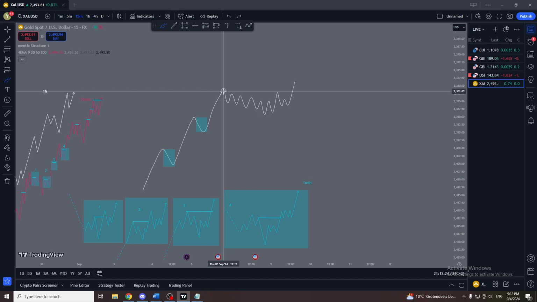So over time, when I was refining, I saw that I could use fractal sideways price action. So this for me is fractal sideways price action, because on another time frame it will be sideways price action. It will be something like this.